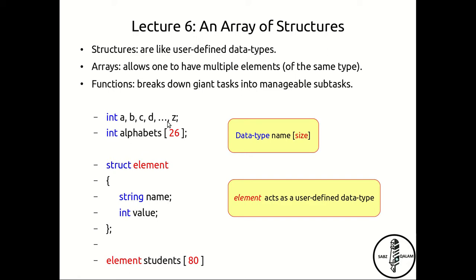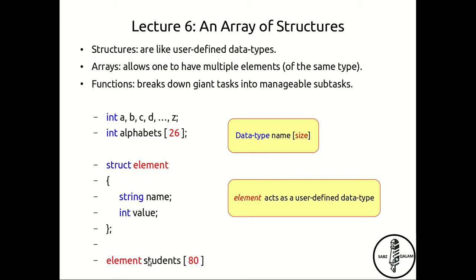So using the same formulation that we saw here, where you have the data type, the name of the variable, and the number of elements, or the size of the array, you're going to use the same thing here. Remember, structures are user-defined data types, so element now can be used as a data type, hence the data type comes first, then the name of the variable.